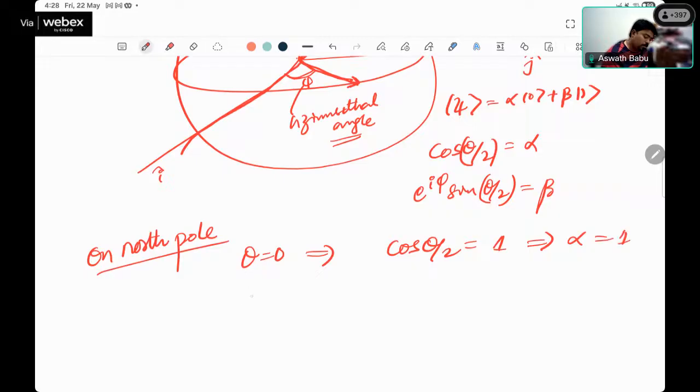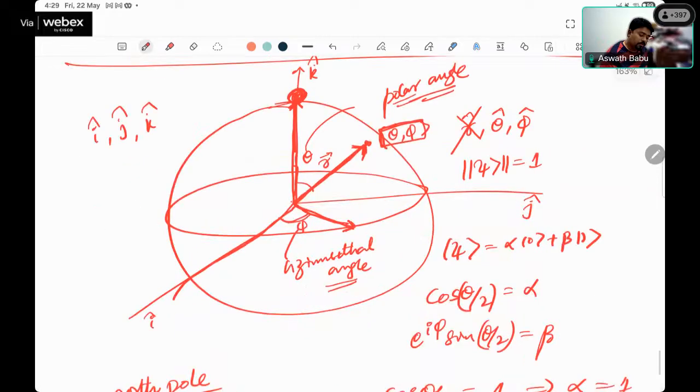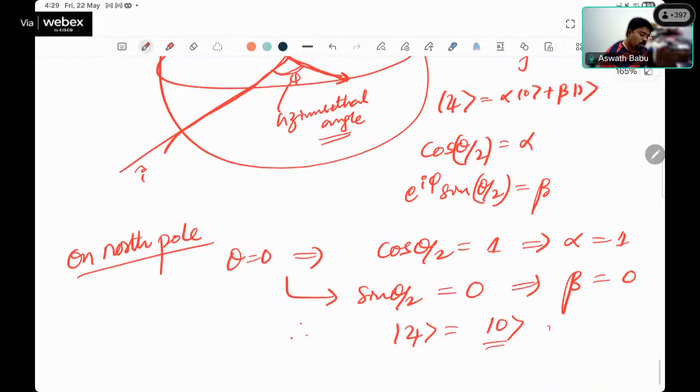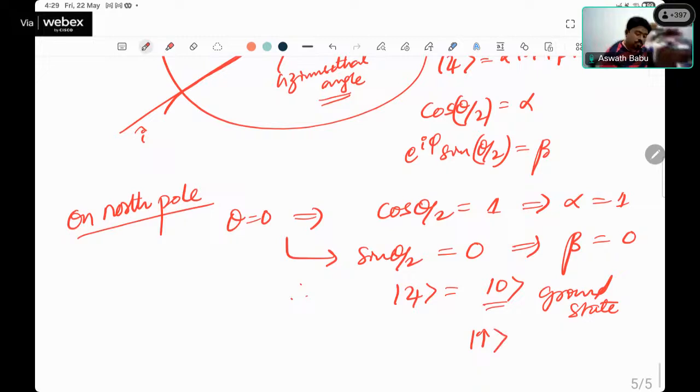What about sin(theta/2), which is 0, which implies beta is equal to 0. Therefore, my quantum state is |0>. So on the North Pole, the quantum state is called a ground state qubit, or you can say spin up quantum state.